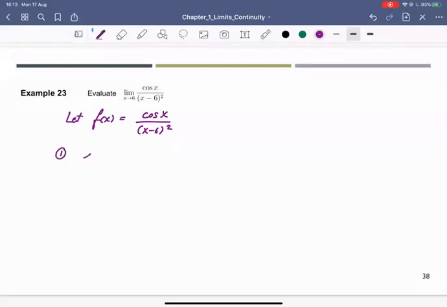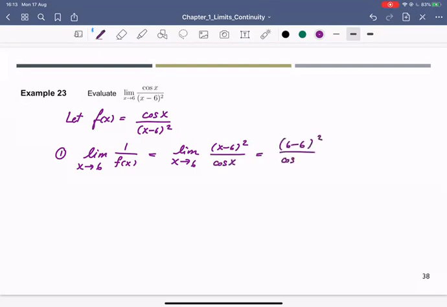Number one, I'm going to compute the limit of 1 over f(x). So here we go, (x minus 6) squared over cosine x, and then you evaluate at 6, and you get 0. Good.